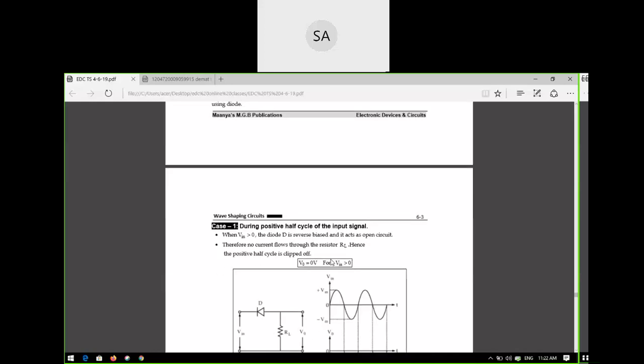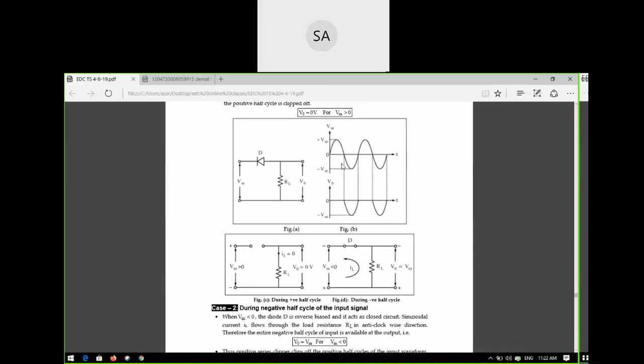If you see this waveform, for example, the input signal is like this, and the output is clipped off completely. The positive half cycle is clipped off, so only this portion is present, that means only the negative half cycle is present. Positive clipper means it clips off the positive half cycle.